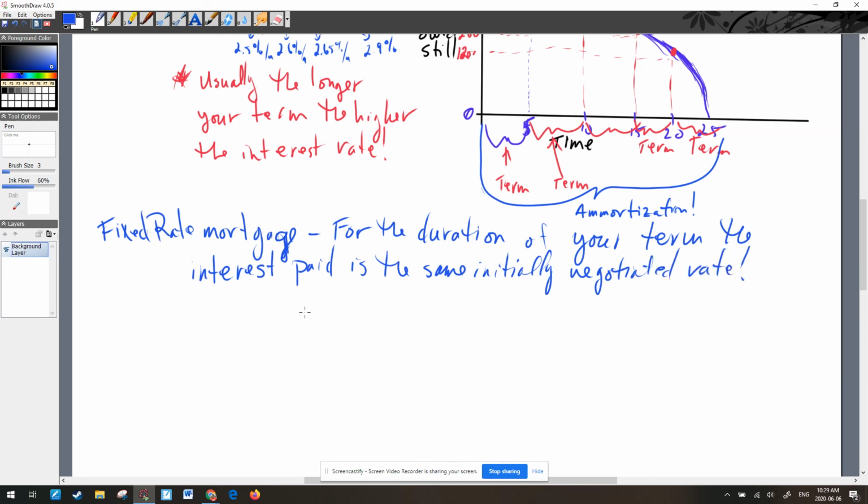Okay, so a fixed rate mortgage is, you go into the bank, you say, I want to borrow $250,000 and I want to have a 20-year amortization and I'm going to have a term length of 5 years.